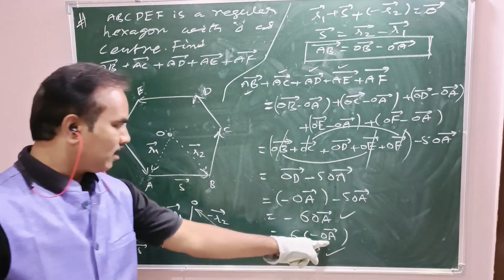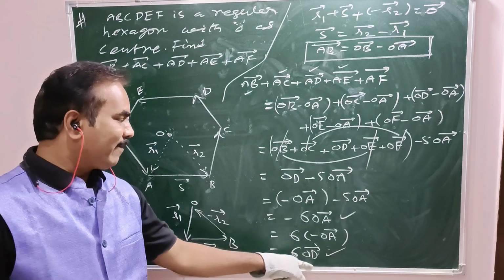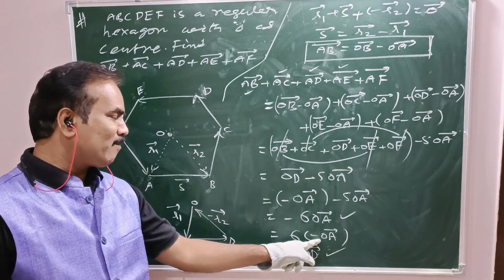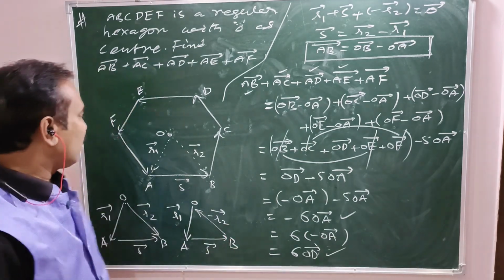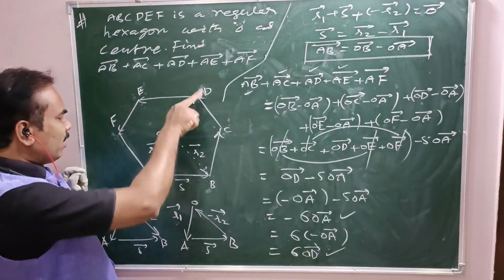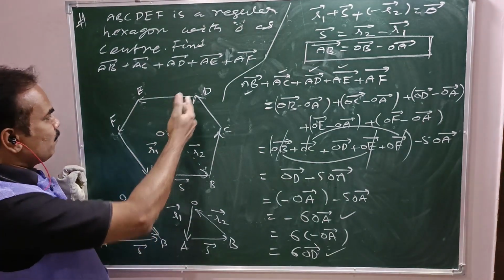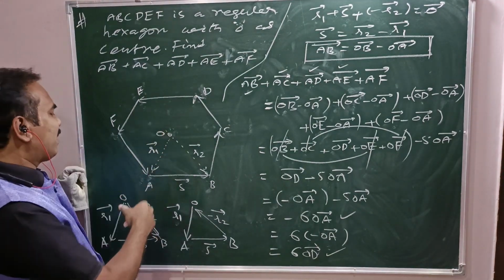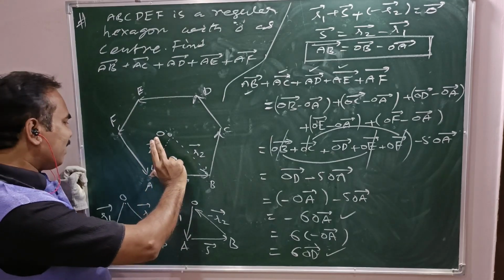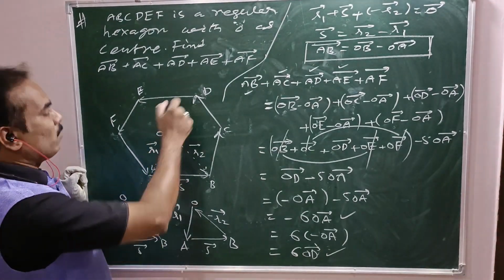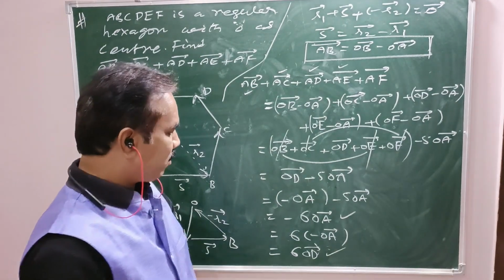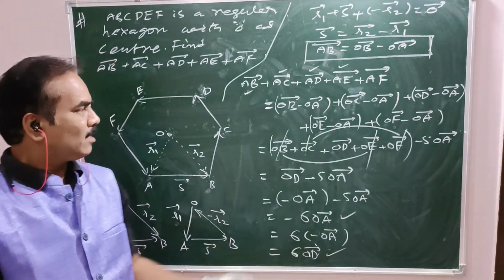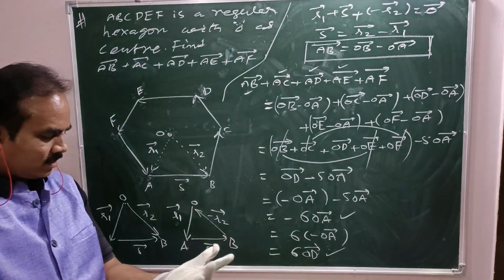These two are mutually negative vectors, so that is the reason we can replace minus OA bar with OD bar. If we reverse OA bar, we get OD bar. So minus OA bar becomes equal to OD bar. That is the result. Okay, friends.